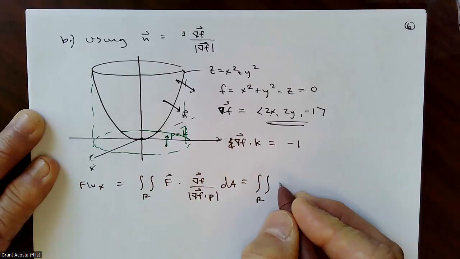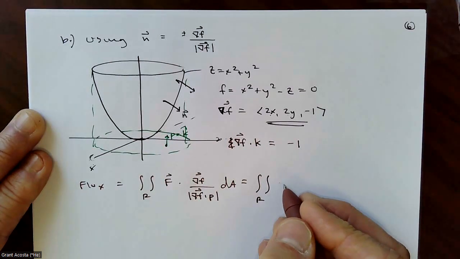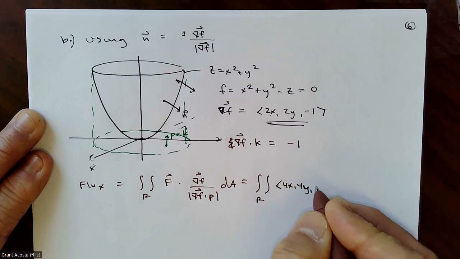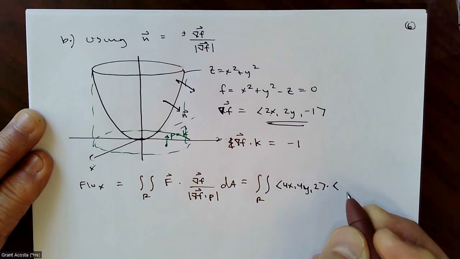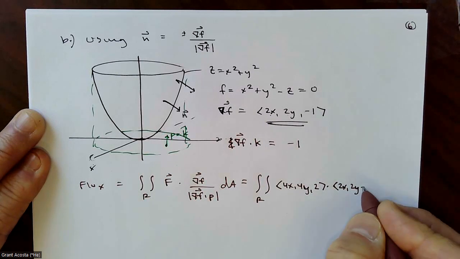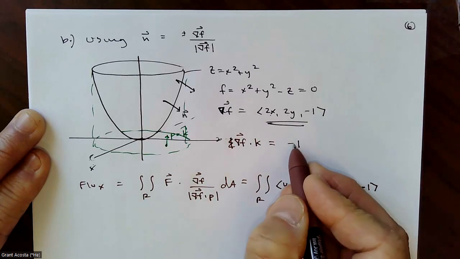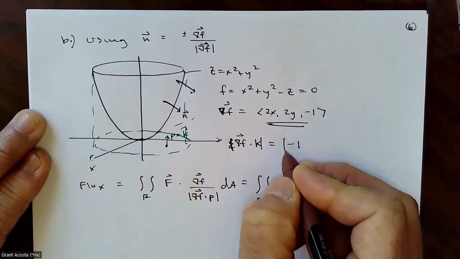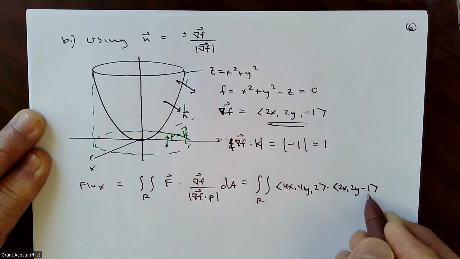F was 4x, 4y, positive 2, dotted with 2x, 2y, negative 1, because I'm dividing by the magnitude of this, and the magnitude of that is just 1.